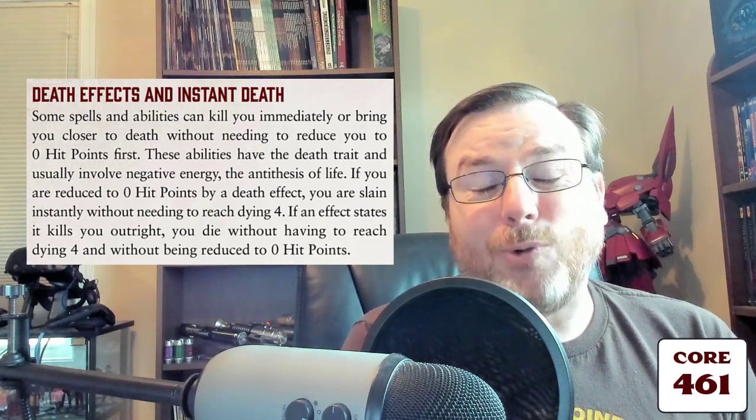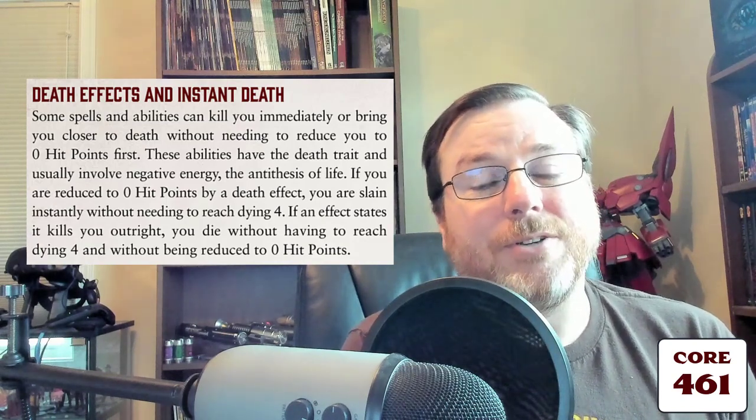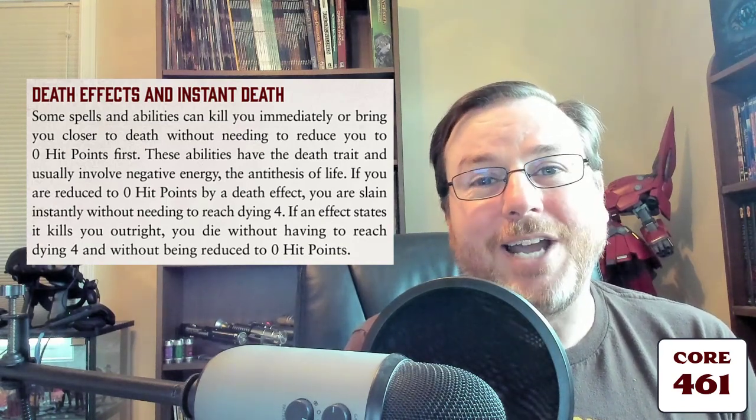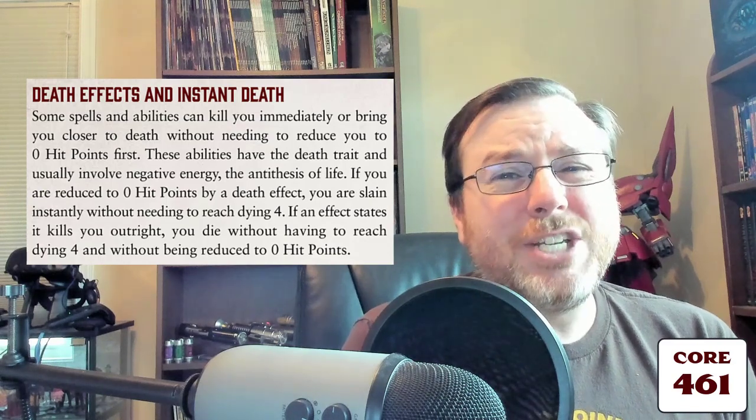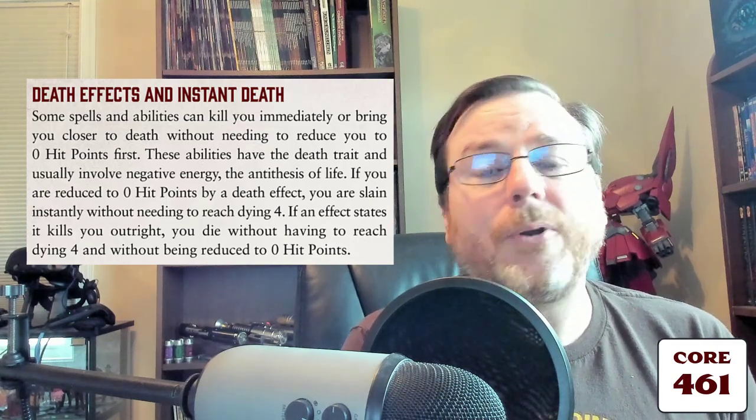So it's pretty powerful stuff, and it's something you don't want to have to encounter very often. And the good news is you probably won't be encountering it very often, because the death trait is mostly associated with pretty high level enemies, traps, magic items, and spells.